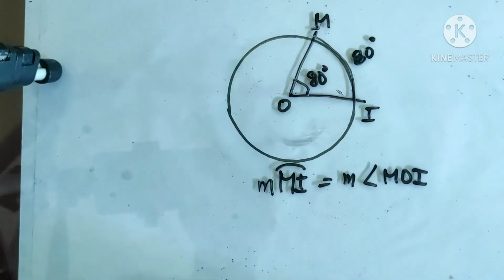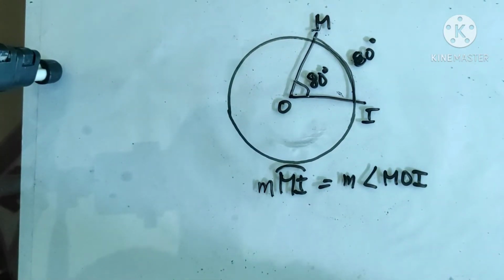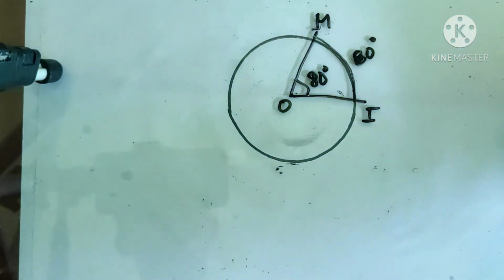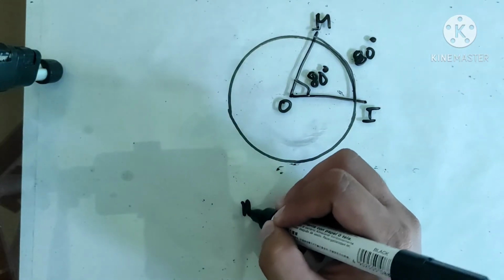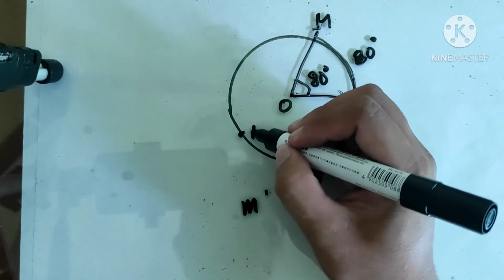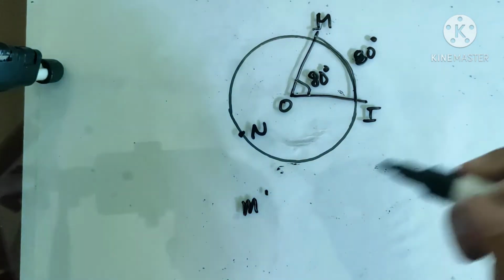Next, nakuha na natin si minor arc. What about the major arc? Now, si major arc naman, yung formula niya is measure of your major arc. Lagyan natin ng point dito na N. Okay?